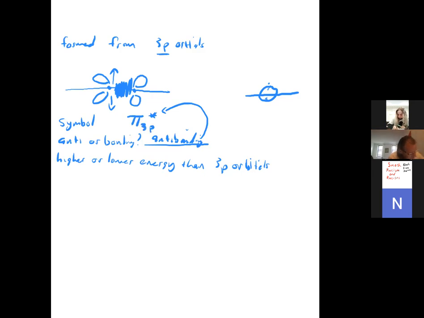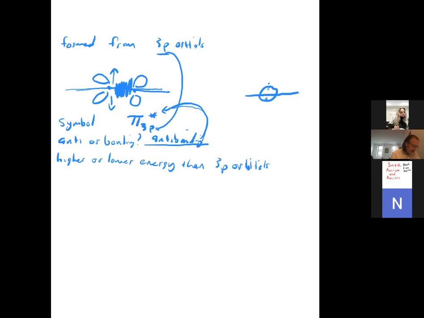You put the 3p as a subscript, you put the antibonding as an asterisk, and whether the line goes through or doesn't tells you whether it's sigma or pi. So overall, this would be pi 3p star, meaning it's a pi bond, it's an antibond, and it came from 3p orbitals. Interesting.